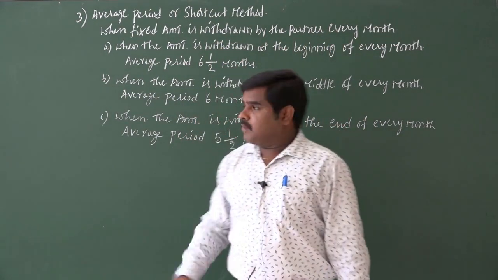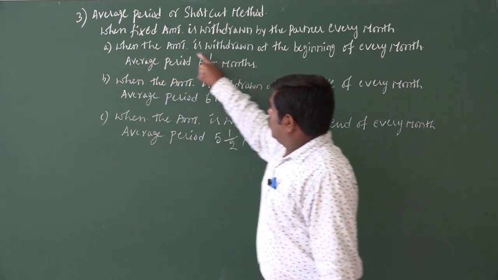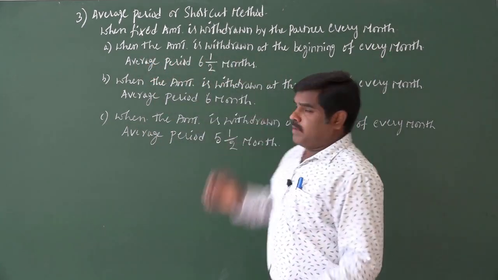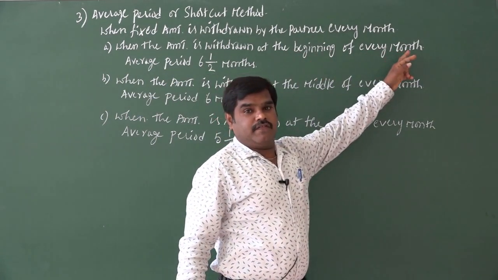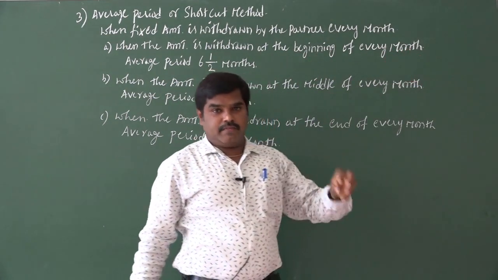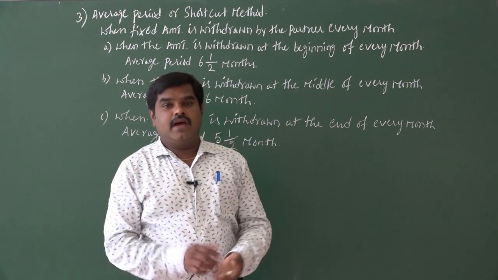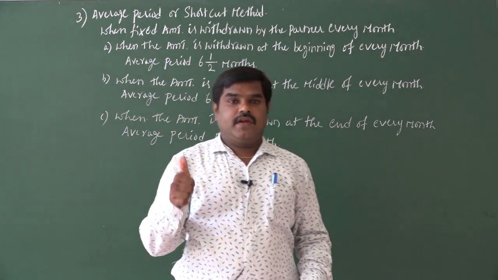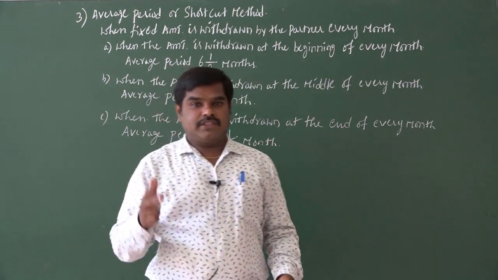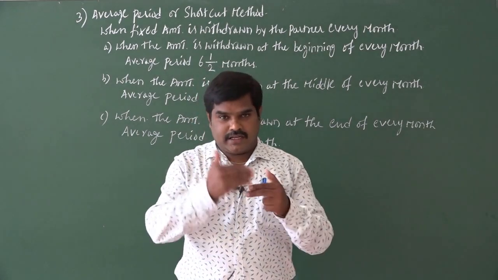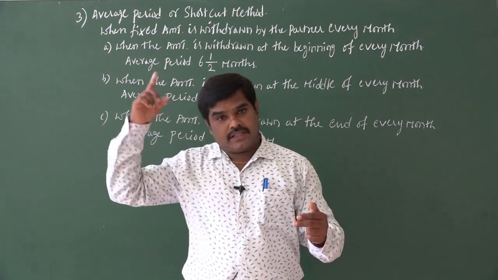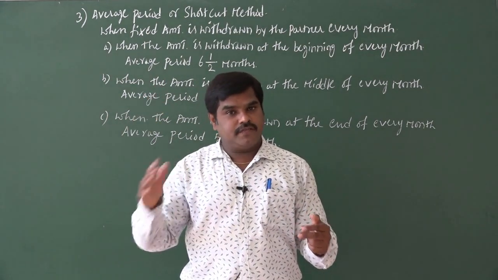Then I'll come to quarterly later. So what will happen here? When the amount is withdrawn by the partner at the beginning of every month, first day of every month, for example, 1st of April, 1st of May, 1st of June, 1st of July, 1st of August, like that, every month till 31st March.